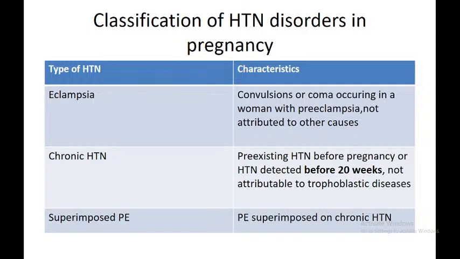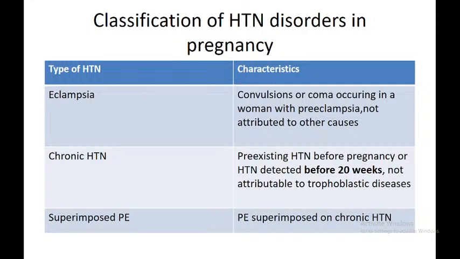So if a woman has already a pre-existing hypertension, or if the hypertension is detected before 20 weeks, we label it as chronic hypertension. And there is a superimposed pre-eclampsia as well. So here the pre-eclampsia is superimposed on chronic hypertension. So in a woman with chronic hypertension, this pre-eclampsia may be superimposed in the second trimester or the third trimester. So that is superimposed pre-eclampsia.